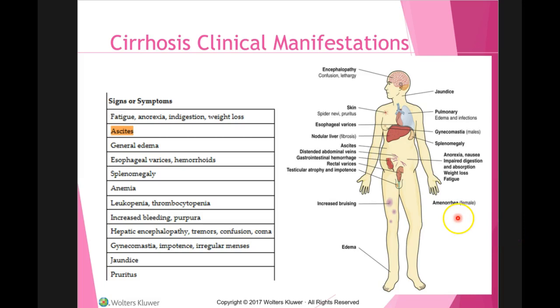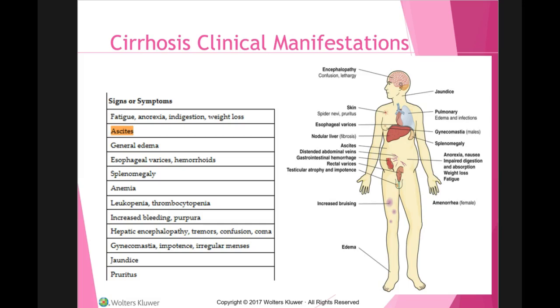This increased portal tension, or portal hypertension as they refer to it, also builds up pressure in the esophagus, and you end up getting basically hemorrhoids in the esophagus. We refer to these as esophageal varices. It's basically a backup of, well, just hemorrhoids.